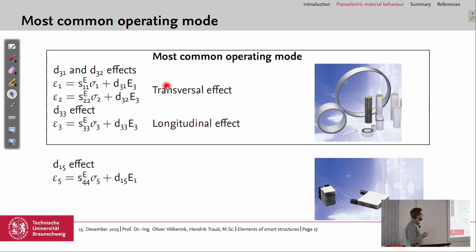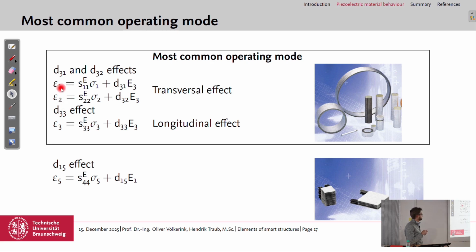Yeah, and as mentioned, the most common operating modes are the transverse effect, so the D31 and D32 effect, and the longitudinal, the D33 effect. So with the indices now filled out, we have, for example, epsilon in one direction is compliance in one direction times the stress in one direction plus D31 times the electrical field in three direction.